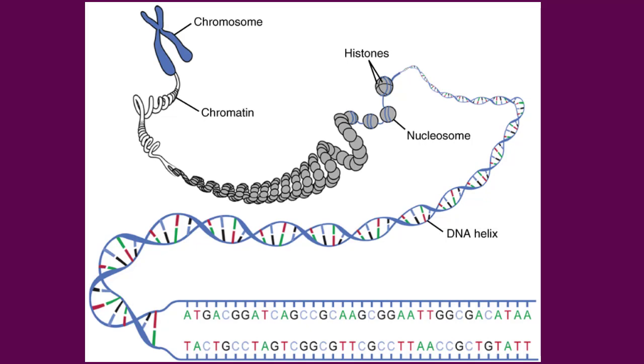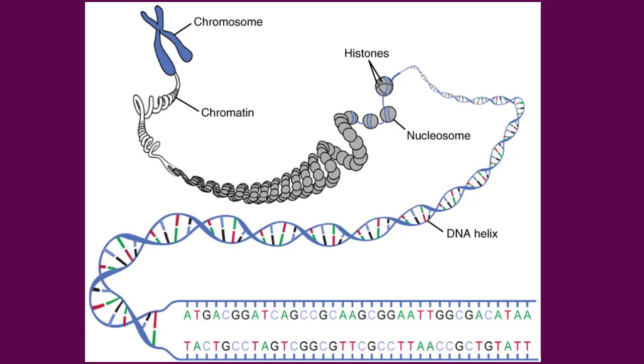The genetic instructions that are used to build and maintain an organism are arranged in an orderly manner in strands of DNA. Within the nucleus are threads of chromatin composed of DNA and associated proteins. Along the chromatin threads, the DNA is wrapped around a set of histone proteins.